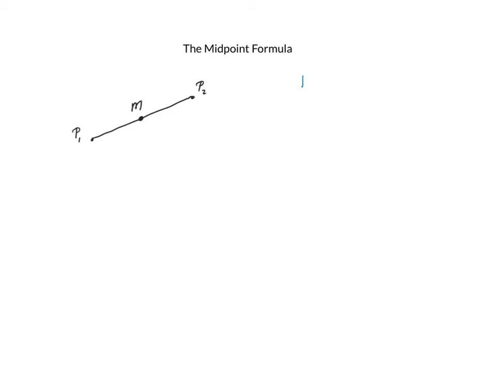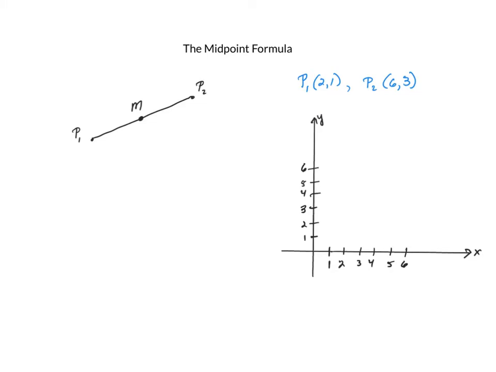We'll let P1 be the point (2, 1), and we'll let P2 be the point (6, 3). So let's plot that on this grid. P1 is this point right here, and P2 is right here at (6, 3).